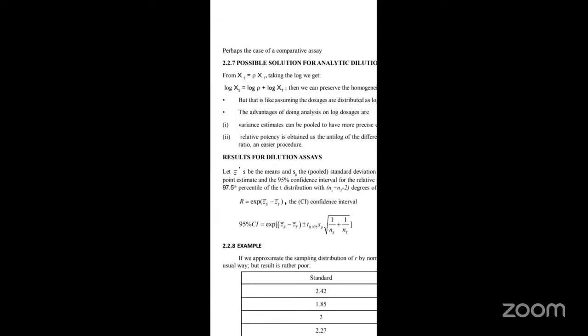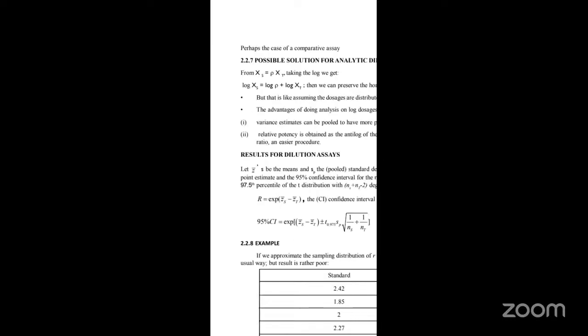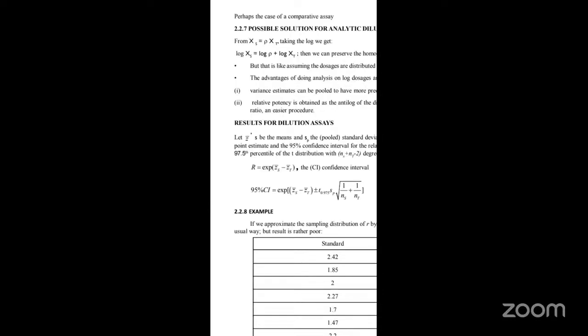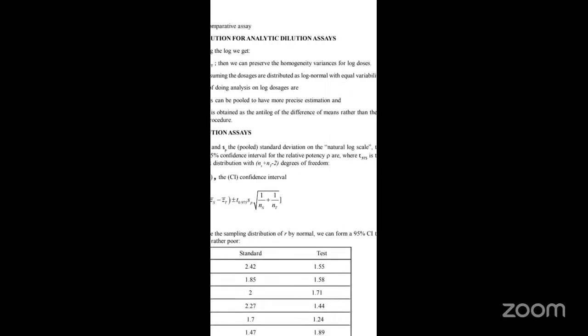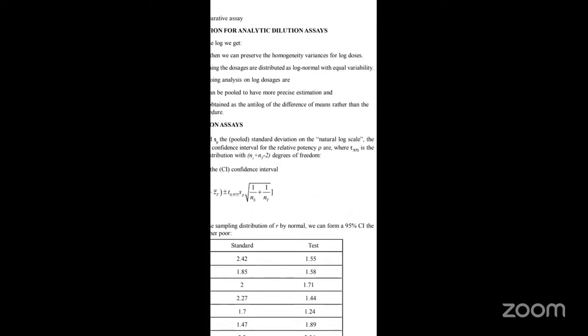Here is a possible solution for analytical dilution assays, where x equals rho x_r, so log x equals log rho plus log x_r. The variance estimate can be pooled to give a more precise estimation. Relative potency is based on the anti-log of the difference of means rather than the ratio.